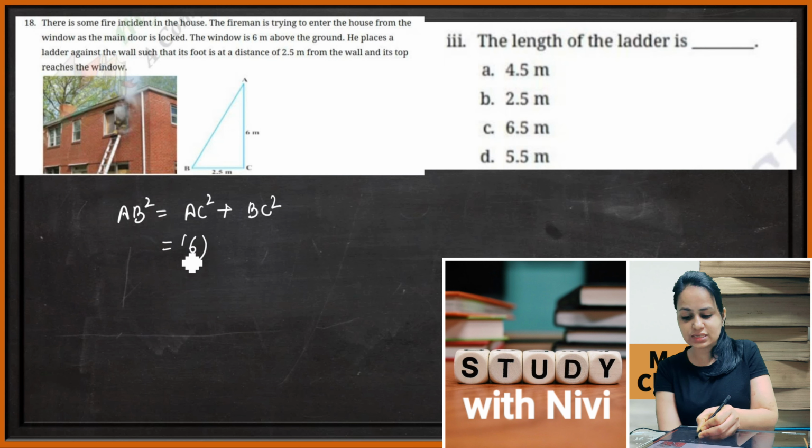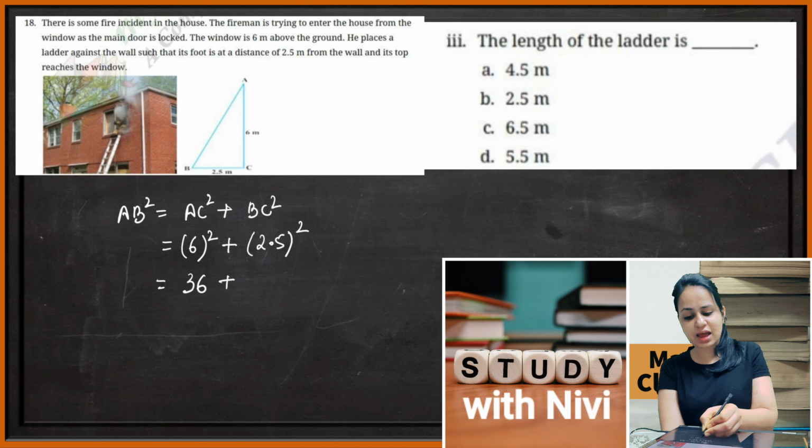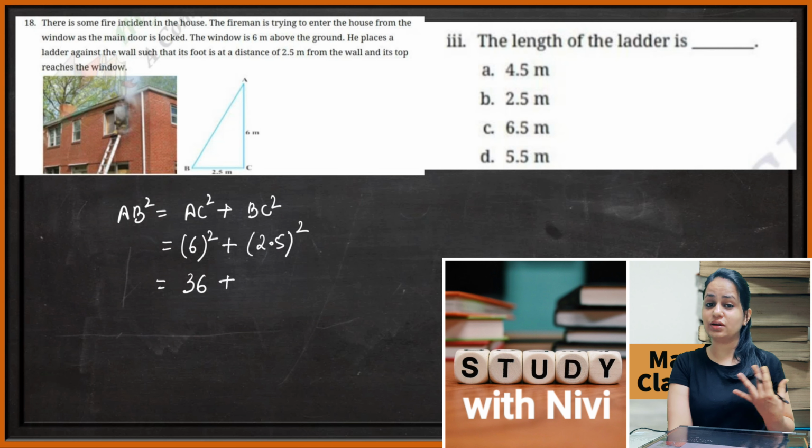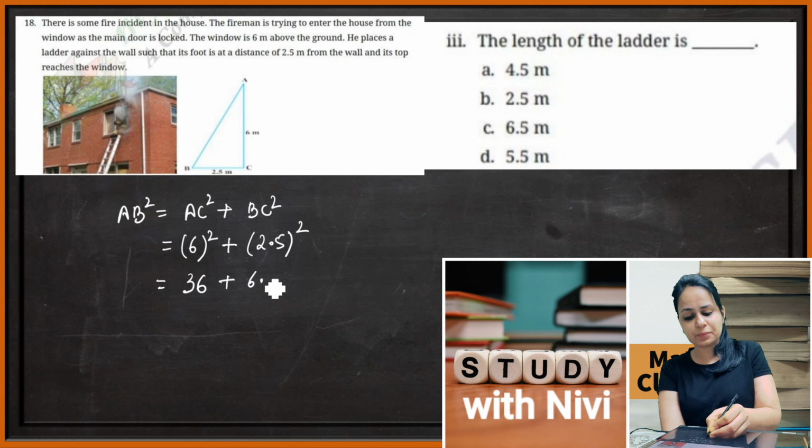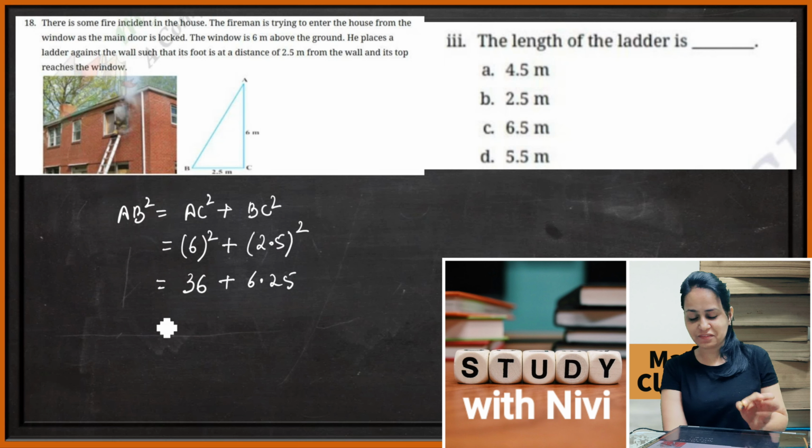What is AC? AC is 6, and what is BC? BC is 2.5 meter. So what is 6 square? 6 square is 36. And what is 2.5 ka square? That is 25 ka square. 25 ka square is 625, which makes it 6.25, right?